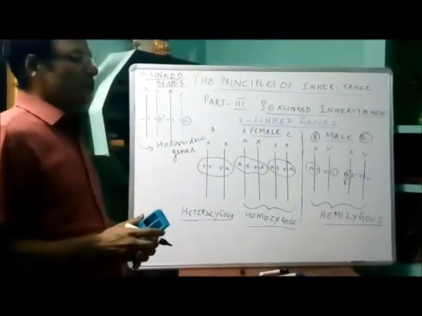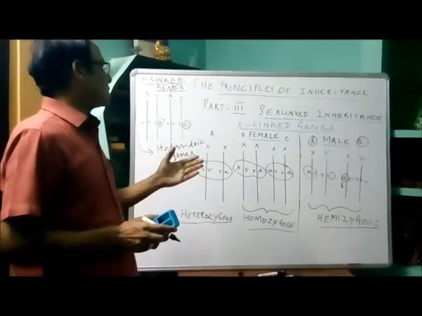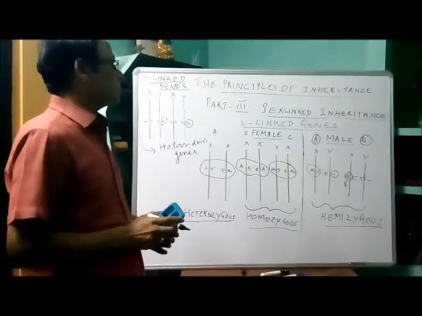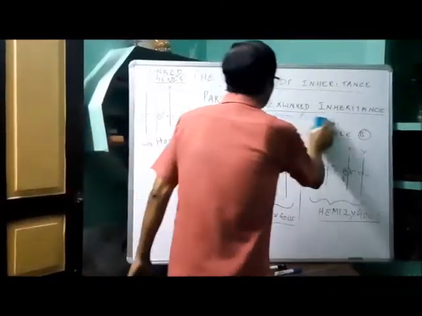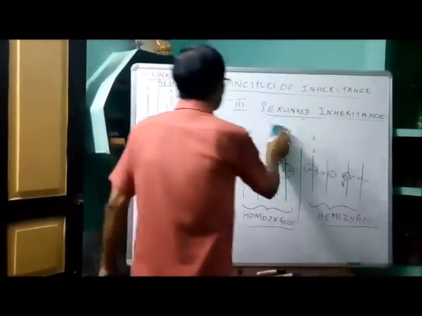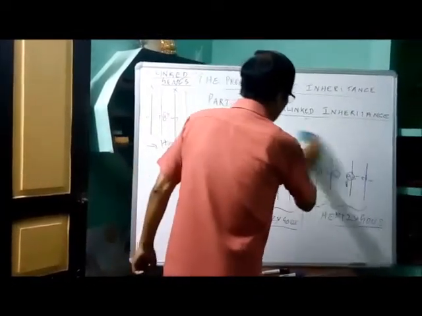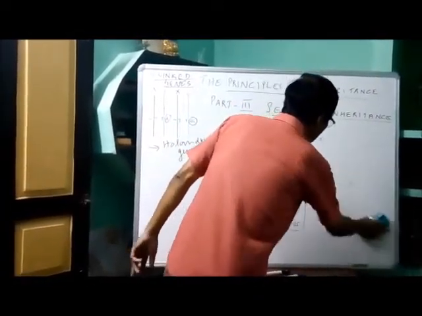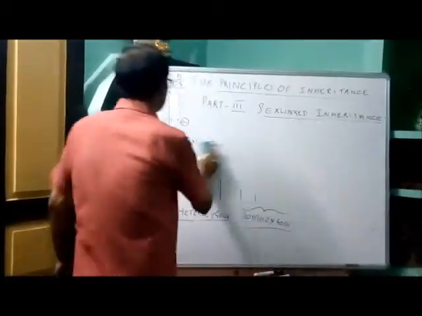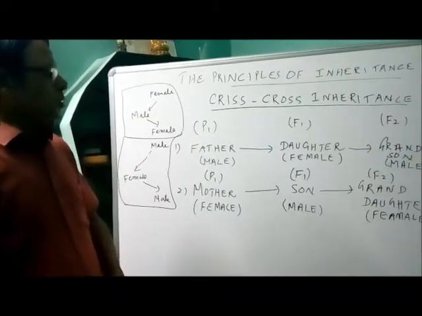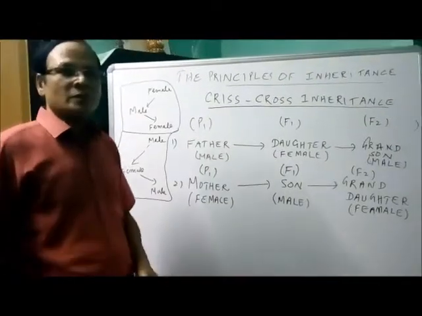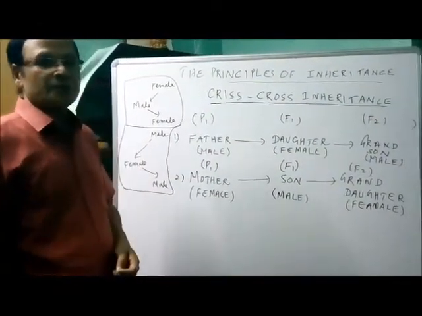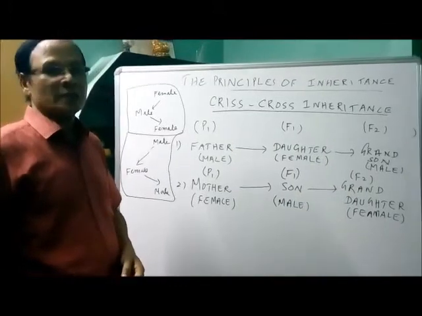Now, what type of inheritance do individuals follow in the case of sex-linked inheritance? Sex-linked inheritance follows the crisscross pattern of inheritance. What is crisscross inheritance? It is otherwise called zigzag inheritance or skip generation inheritance.